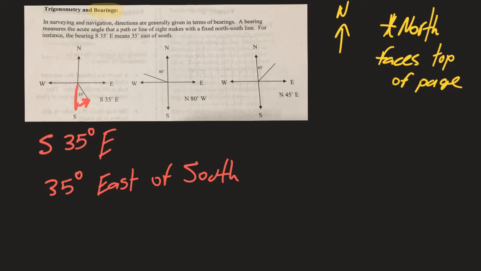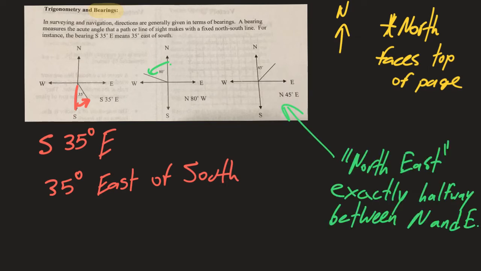Okay? So the second example that they show you is starting from north goes 80 degrees, and you're like, oh yeah, that started from north, I went west, so north 80 degrees west, which reads as 80 degrees west of north. Okay. Now, the last one is kind of interesting. It is 45 degrees, and the one cool thing about this is true northeast, and all that means is that's actually the northeast on your compass.